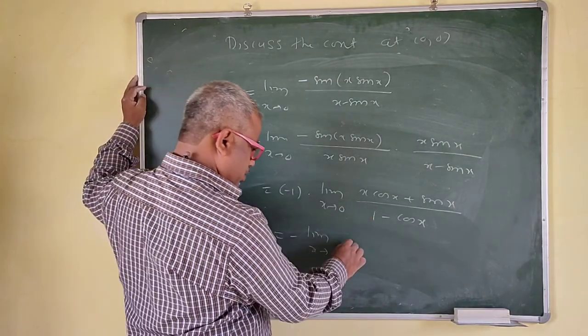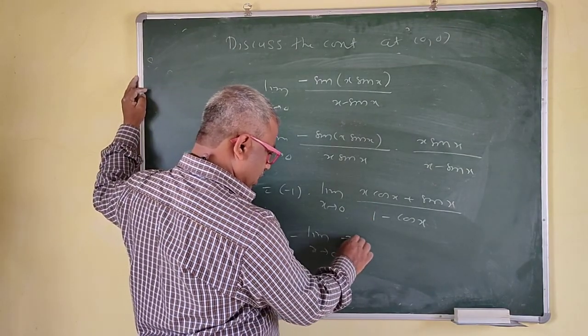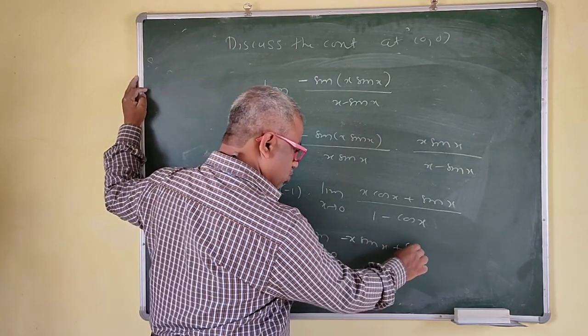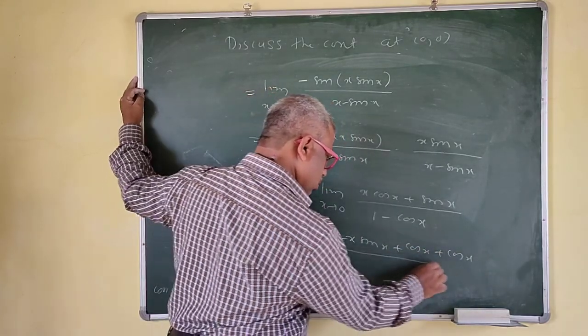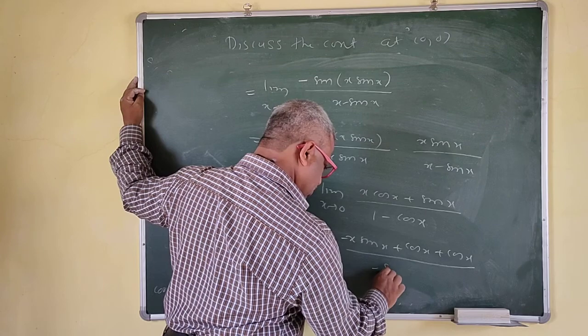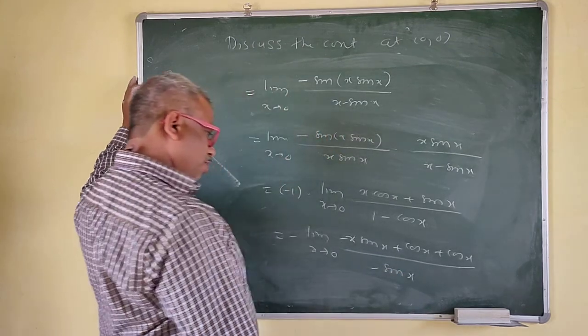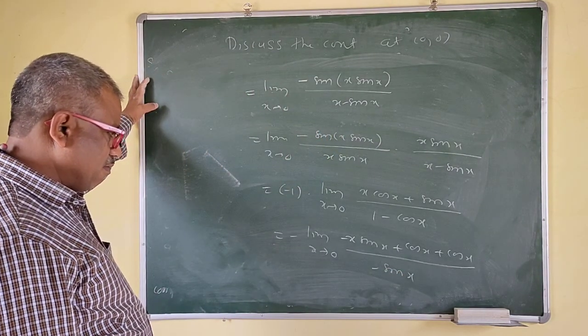So this is x minus x sin x plus cos x upon minus sin x.